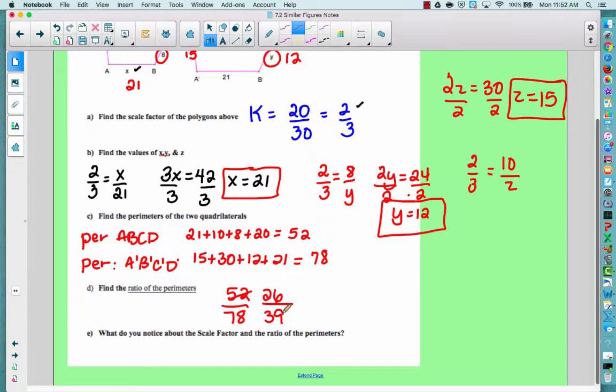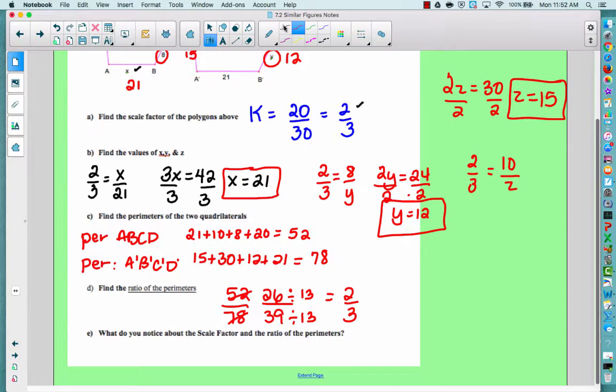And hopefully you're seeing now that 2 was not the largest common factor. It actually was 26. But now it's 13. So if I divide both of them by 13, I'm going to get 2/3.